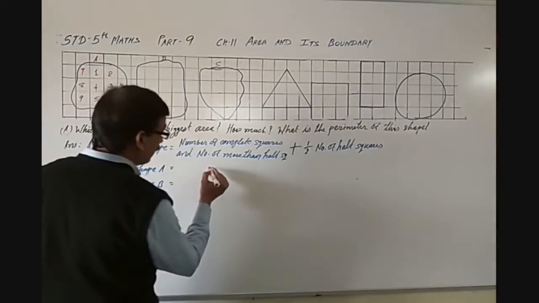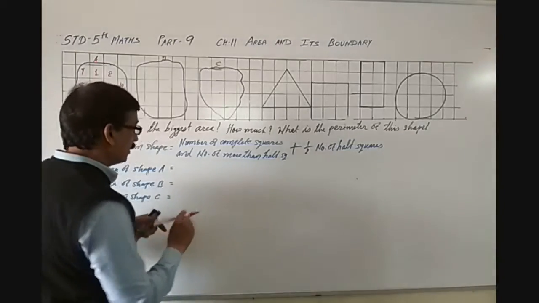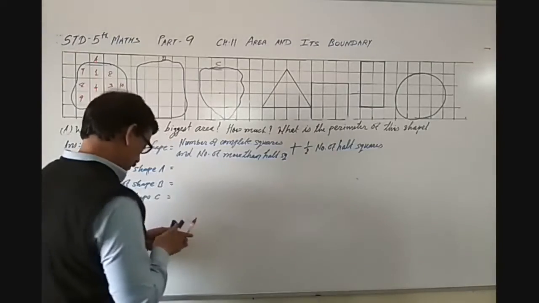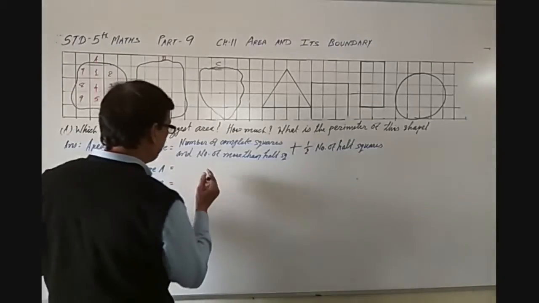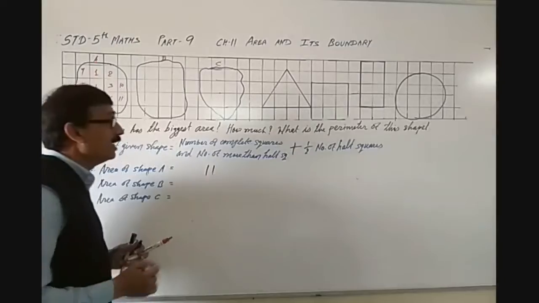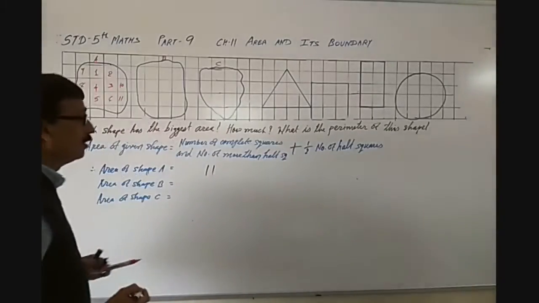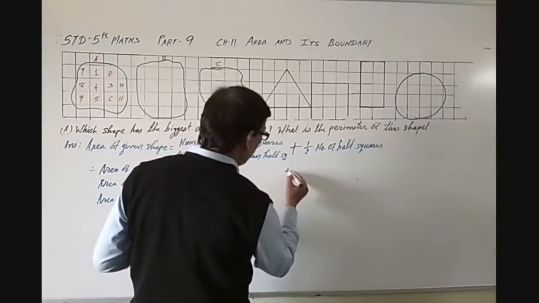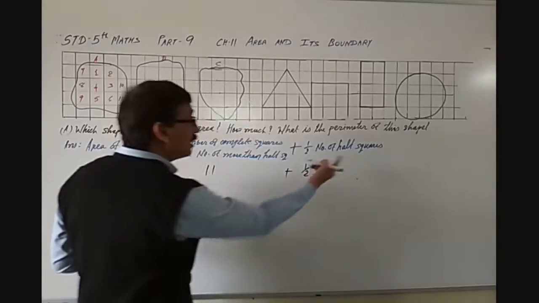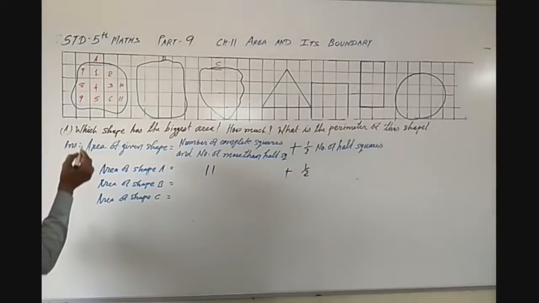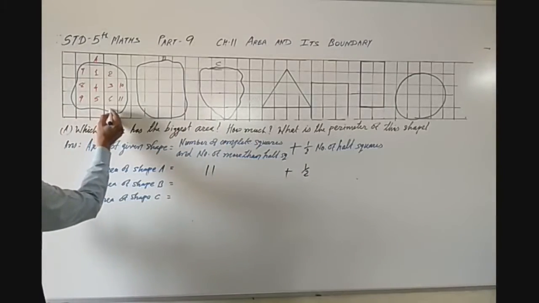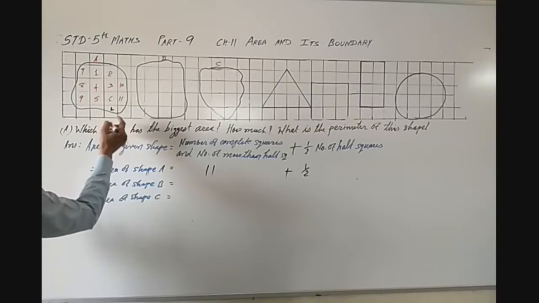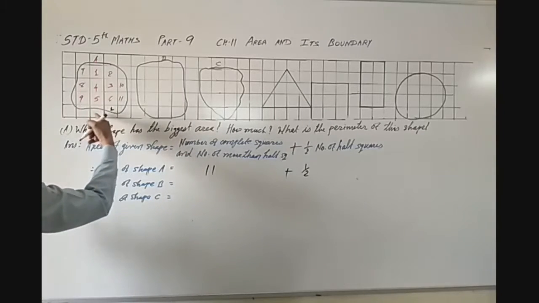So I should write 11 over here. And plus 1/2 number of half squares. See, this is about a half square. Okay, so this is 1, and no other cell.